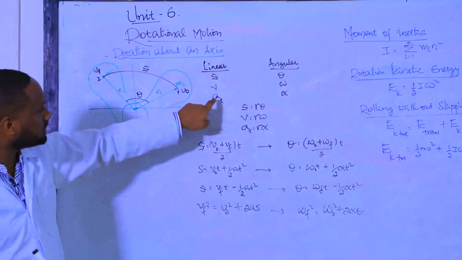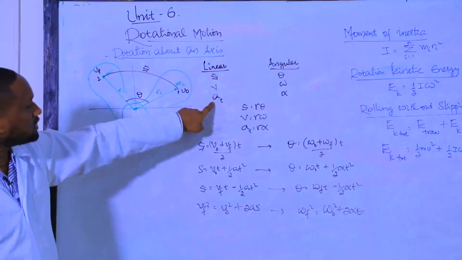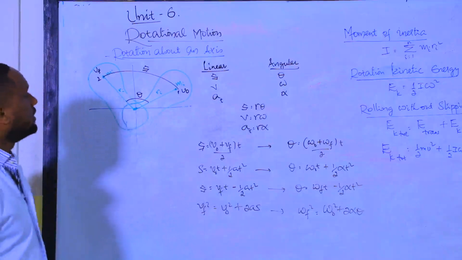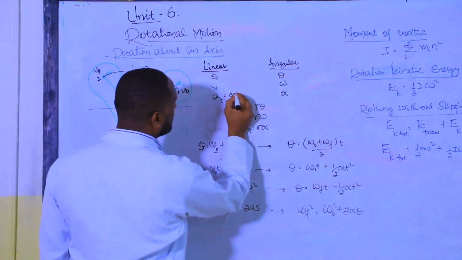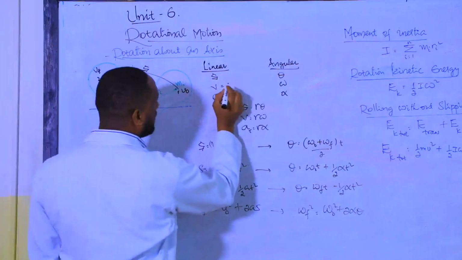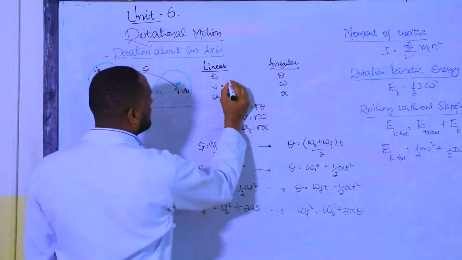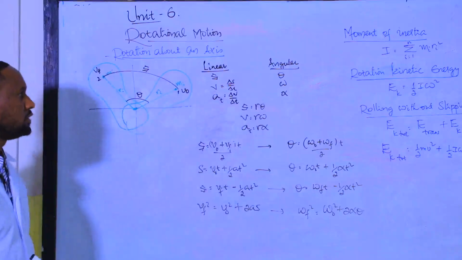That kind of acceleration is called linear acceleration or tangential acceleration, which is given by the rate of change of linear velocity. And linear velocity is given by the rate of change of linear displacement.